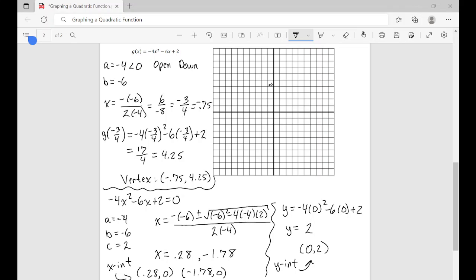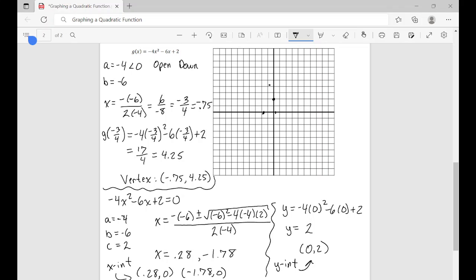Not easy to see, but it's right there. Next is 0.28, which is essentially 1/4 here, so we'll say right there. And then negative 1.78, so negative 1 and right about there. And then 0, 2, which is the nice one here.